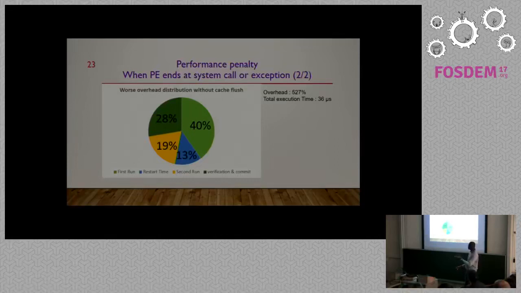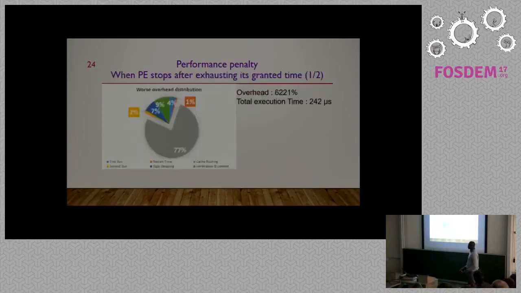The restart time between the first execution and the second execution is about 13%, and the verification time is only about 28%. So with that, we can say that when we optimize the cache system, there will be a more acceptable performance impact.